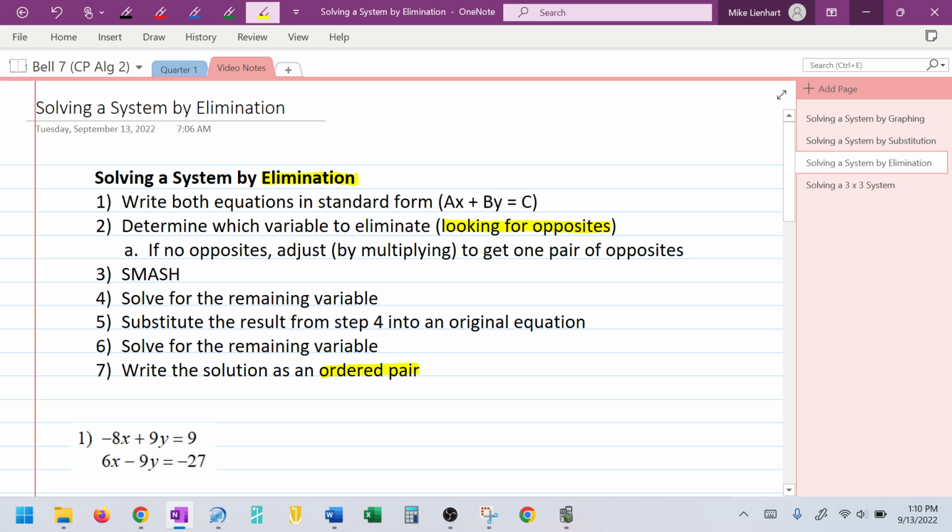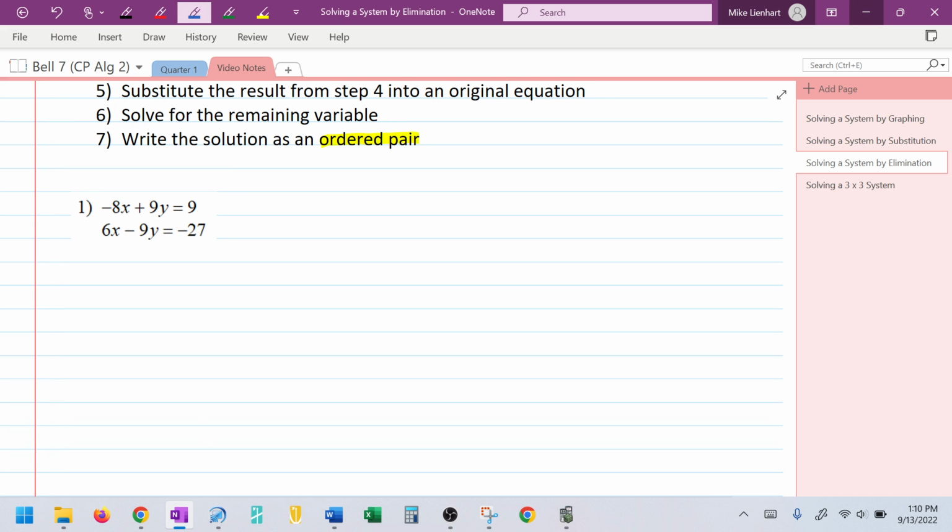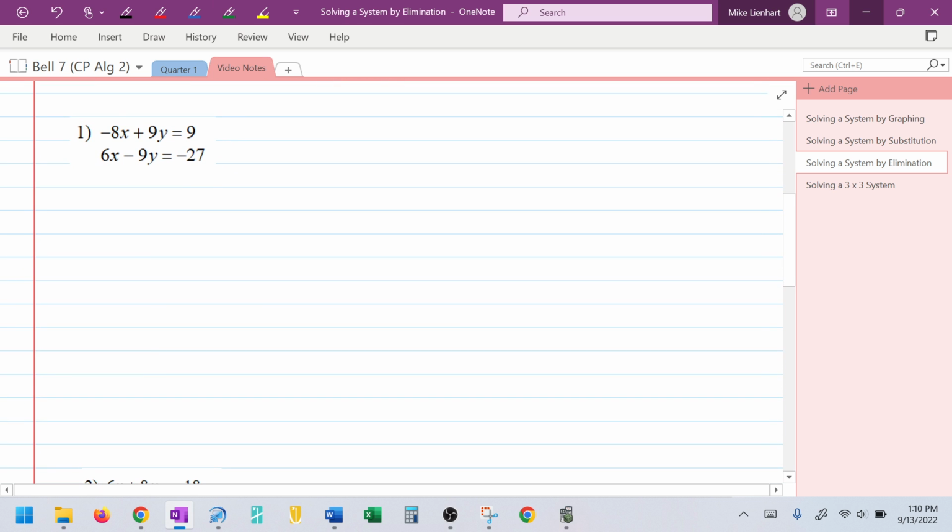All right, so let's take a look and see what I'm talking about with those directions. I have two equations. Both of them have the x's lined up, the y's lined up, the equal sign and the numbers lined up. Everything is lined up. If you notice, for my y's I have opposites for coefficients.